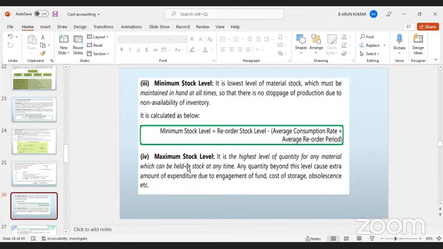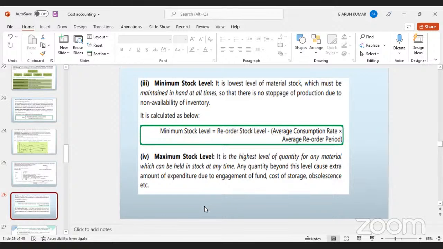And the fourth one is maximum stock level. Minimum stock level is the lowest level. Okay, maximum stock level is the highest level. It is the highest level of quantity for any material which can be held in stock at any time. Any quantity beyond this level causes extra expenditure due to engagement of funds and cost of storage, obsolescence.